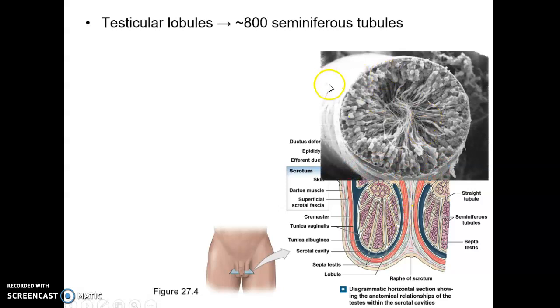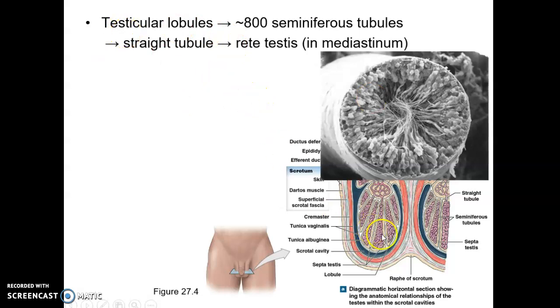And here's a cross-section of one seminiferous tubule, and it shows the numerous cells, and some of the cells are sperm cells with the flagella, the tails, and then some of the cells are germline cells, which we'll get into soon enough.